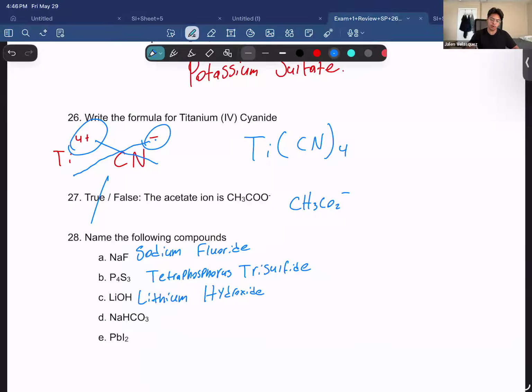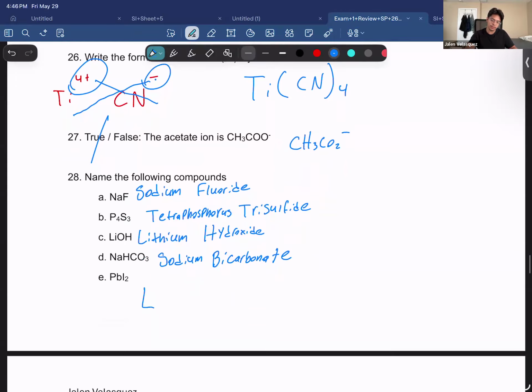NaHCO3 is sodium bicarbonate, which is also known as baking soda, by the way. And then PbI2 is lead 2 iodide.